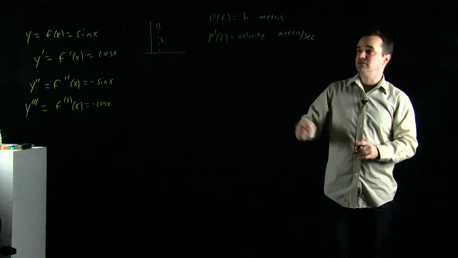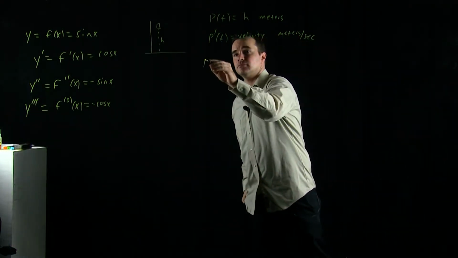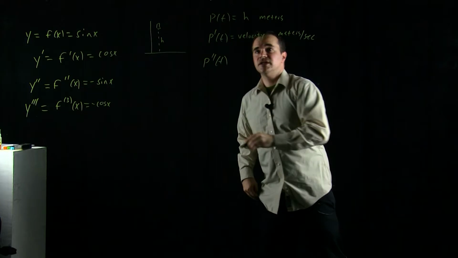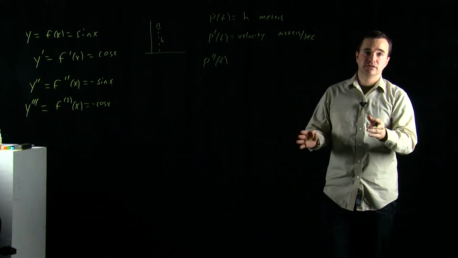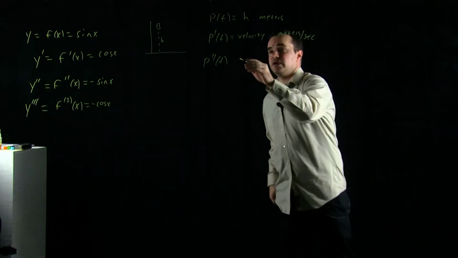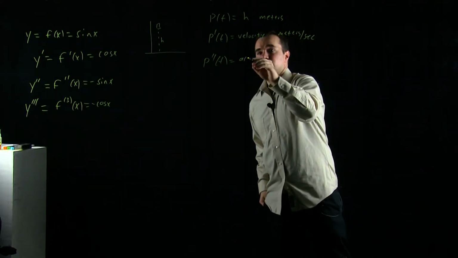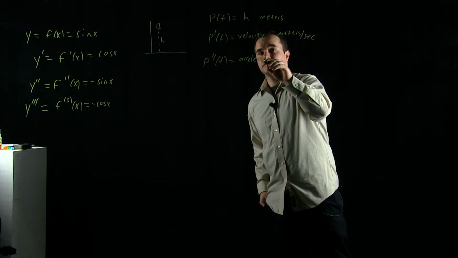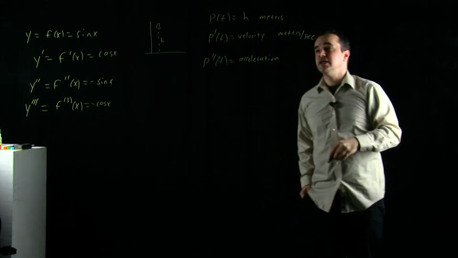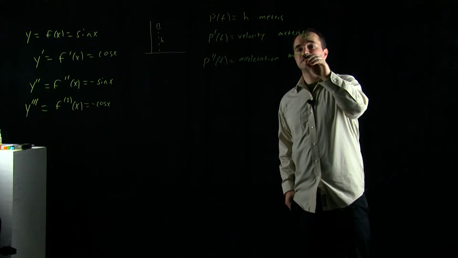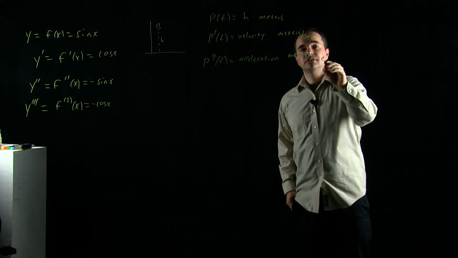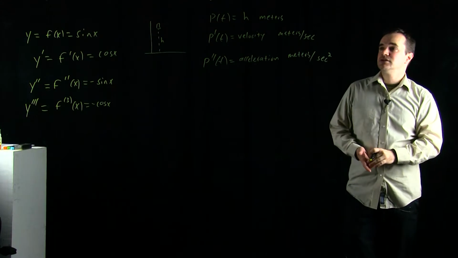What about the second derivative? That second derivative is the rate of change of the velocity. And that's what we call in physics the acceleration. This is measured now in meters per second squared.